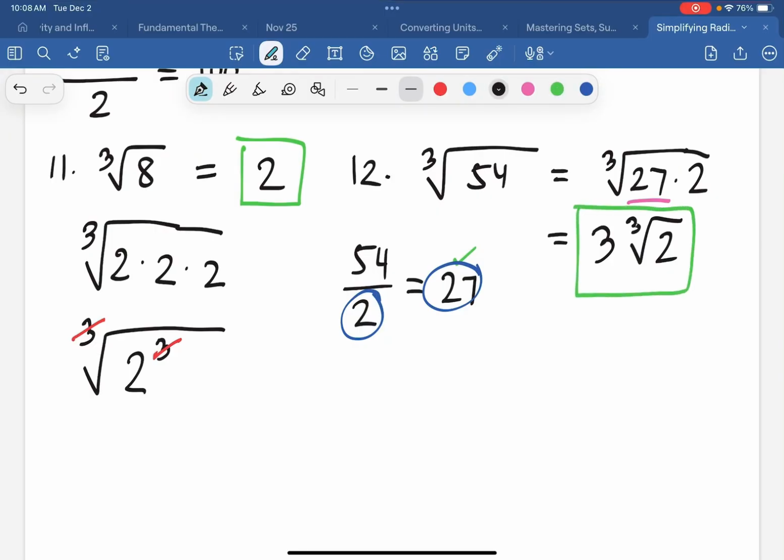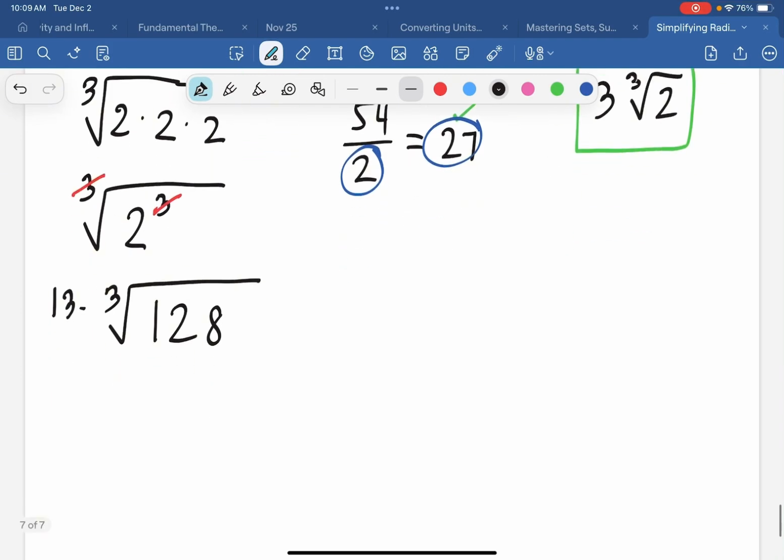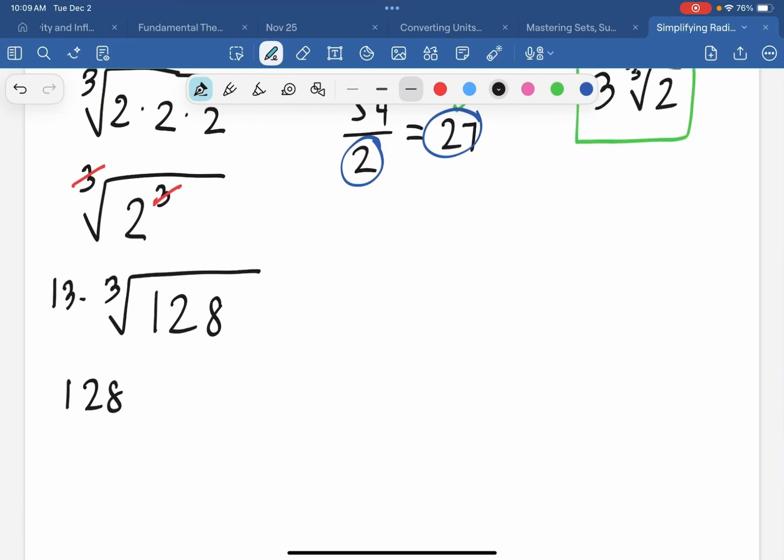Let's have the next example. Number 13. Cube root of 128. So no variable this time yet. Now, let's try to divide 128 with 2. So 128 divided by 2 is 64, which is also a perfect cube.